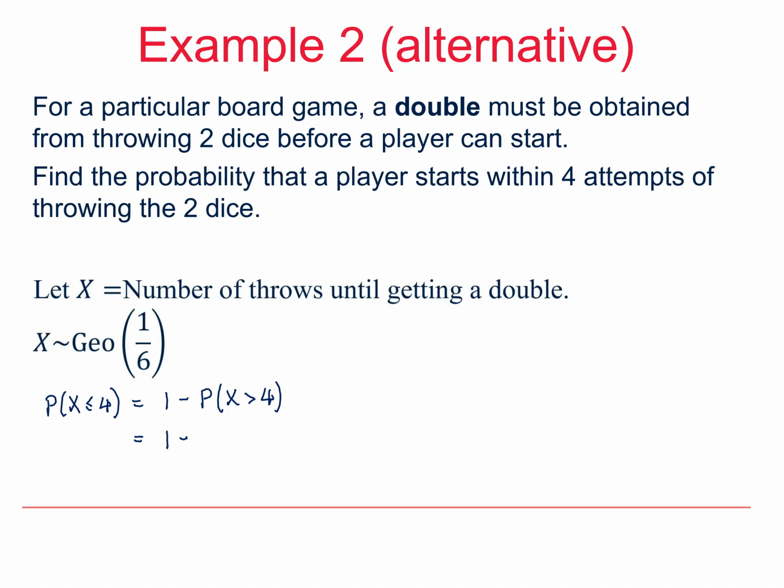So that means 4 non-doubles, which is 5/6 to the 4. And we're not interested in what happens after that. We're just saying that on the first 4 goes, we don't get a double. And we can work that out as a single calculation, and it comes out, of course, to be the same as the answer we had earlier. It's probably also worth noting that some graphical calculators do have the geometric CDF.